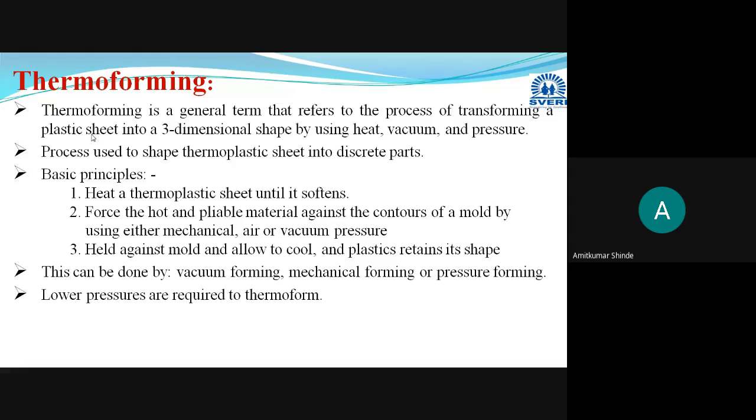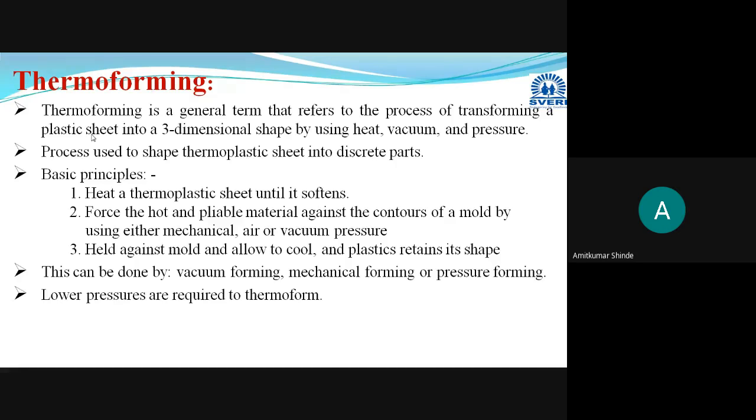To give the desired shape and size to that sheet, we are going to use different mediums: vacuum, pressure, or vacuum with pressure, and heat. We change the shape of the plastic material, and depending on that we have different types of thermoforming.